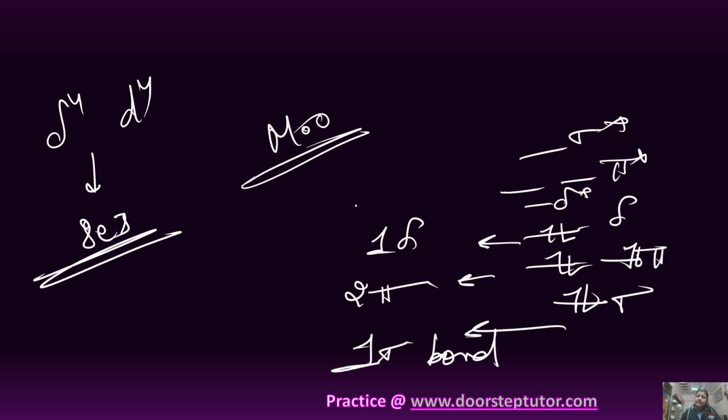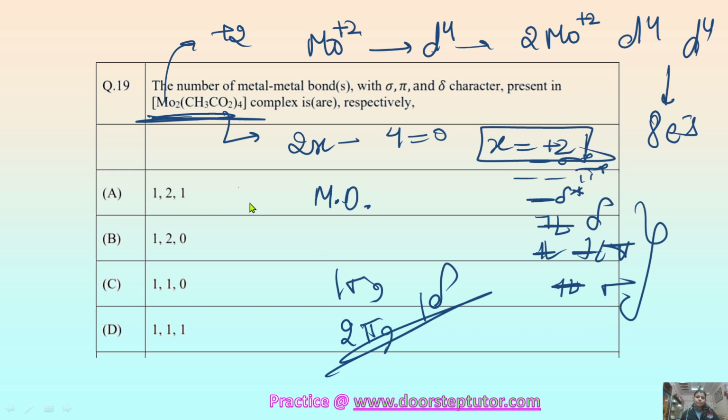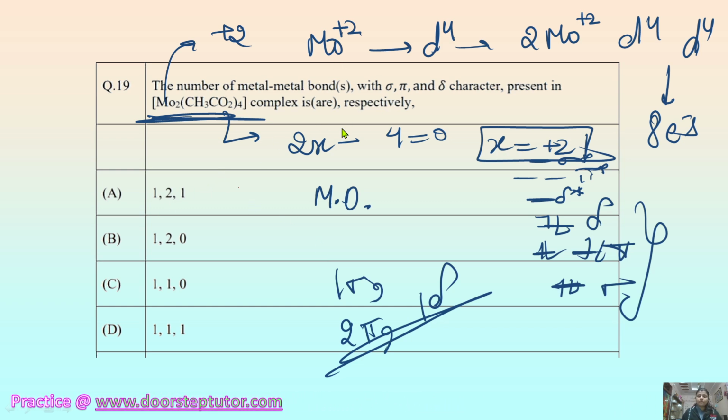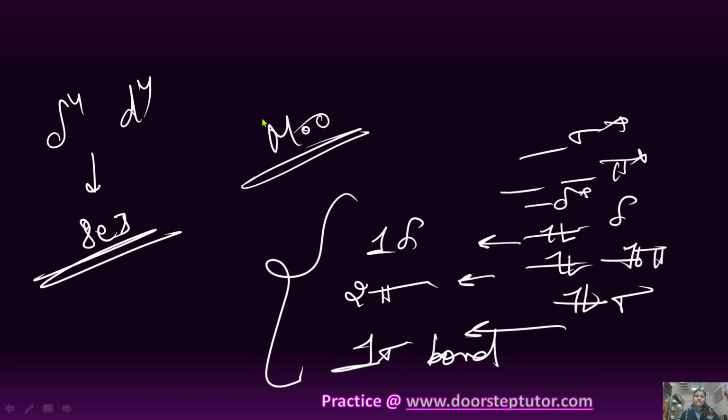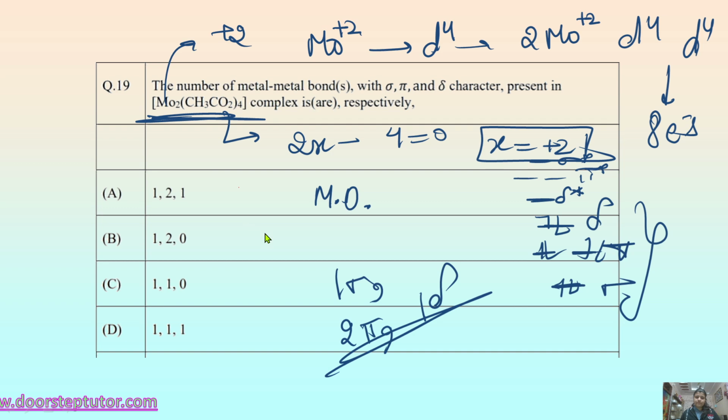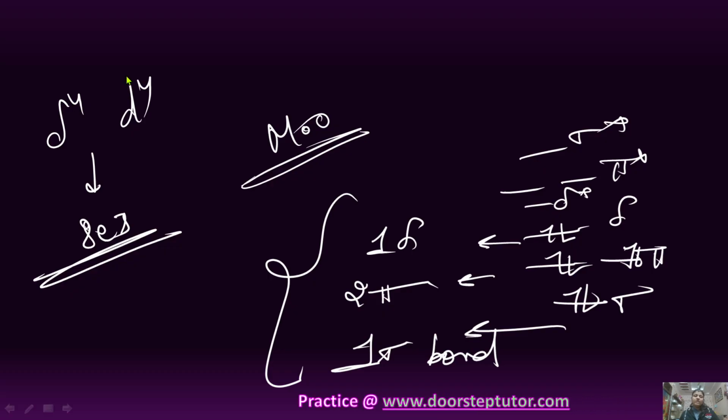In this way we have these three types of bonds. So our answer is one sigma bond, two pi bonds, and one delta bond. So the answer is A. What you have to consider here is that you should approach the questions with less time-consuming methods, so that you can get the accurate answer in less time.